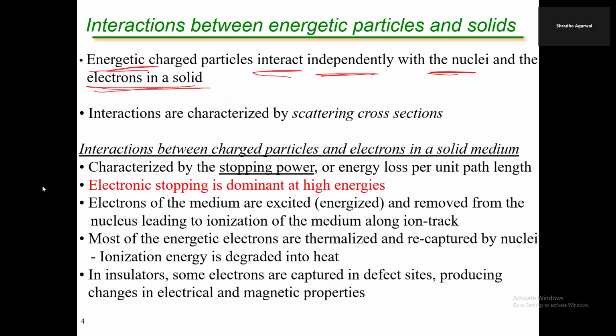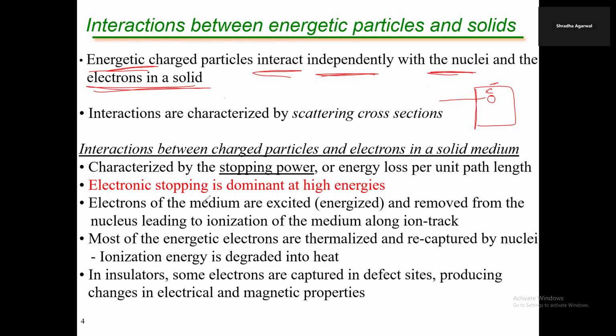We can talk about the recoil thing. So an energetic particle goes inside and interacts here with your nucleus and electrons separately.